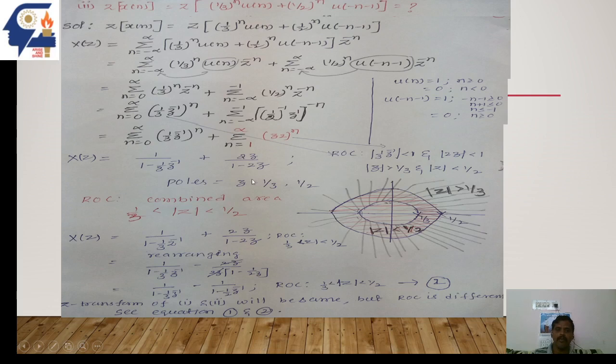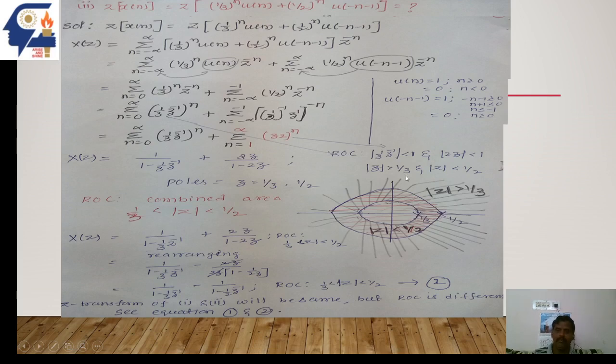First I am going to find the poles. The pole of the first is z equal to 1/3, and the pole of the second is z equal to 1/2. The first one is mod z greater than 1/3. So the poles are 1/3 and 1/2, and poles are indicated by star marks.